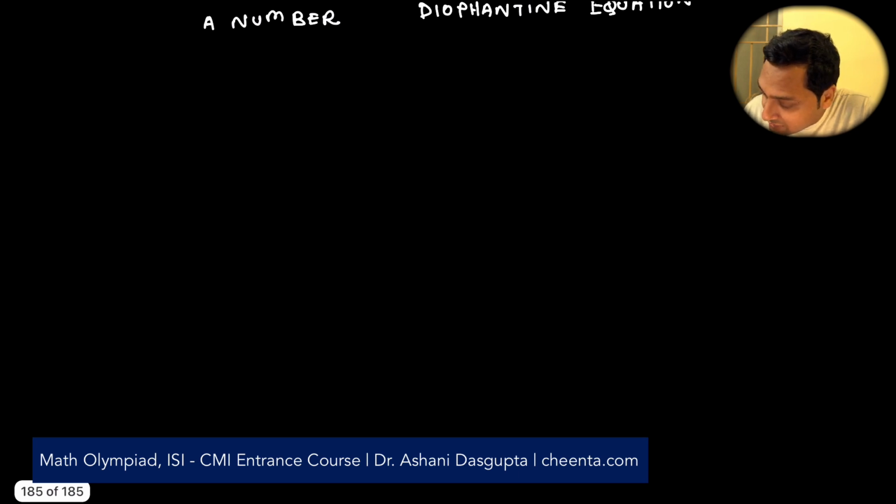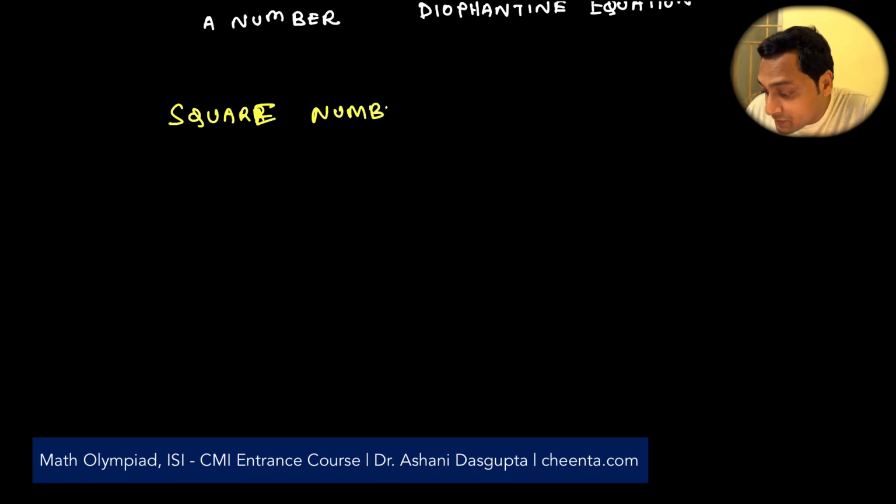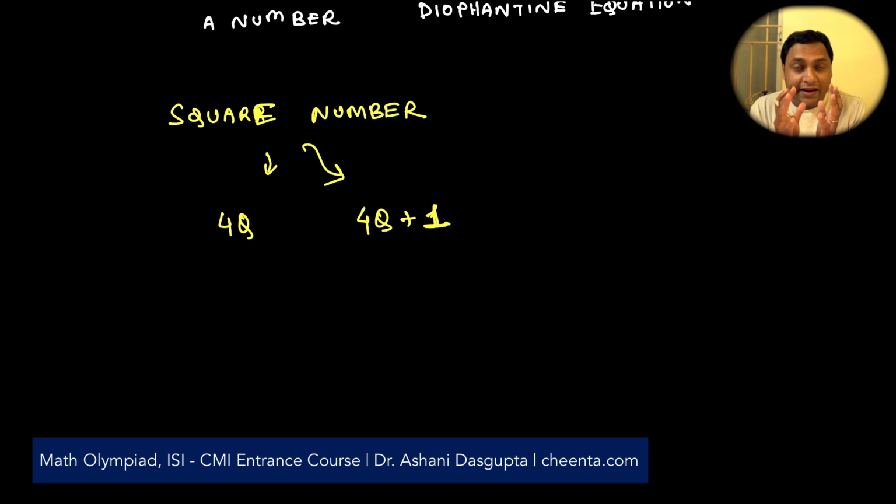So if you look at any number, any square number, then the form of a square number is always either 4 times some quotient, or it's 4 times some quotient plus 1. Any square quantity can be of one of these two forms.